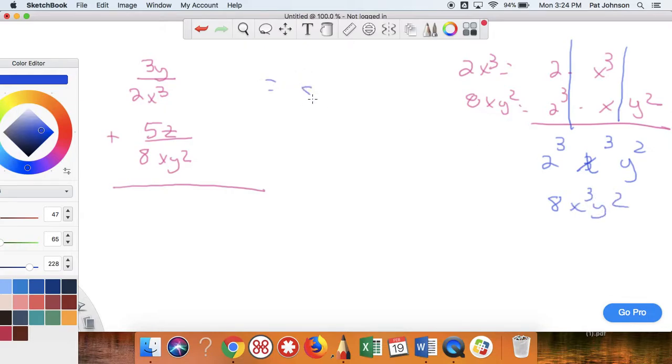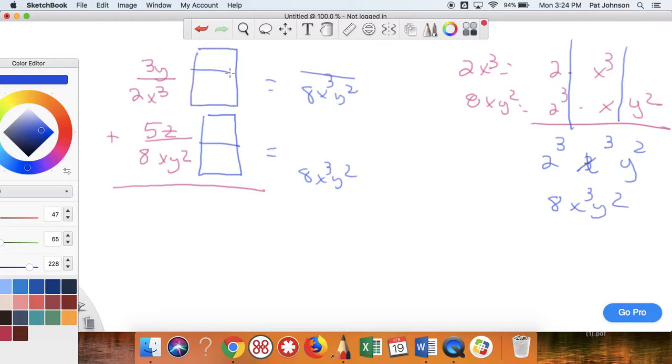So again, this is my common denominator, just like you would do the fraction. That's why I do it this way, so we have room. Now remember, you still have to apply fraction rules. You're multiplying by some form of 1, and we need to see what times this number is going to equal that. Well, you can look up here or you can divide it out.